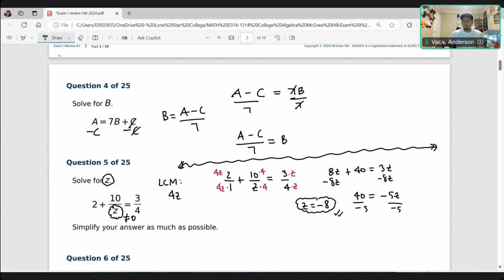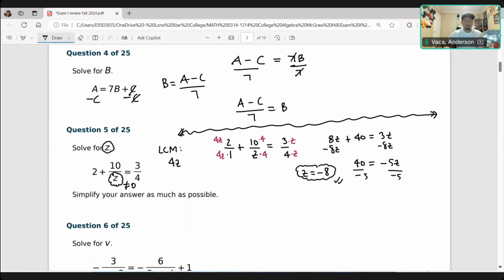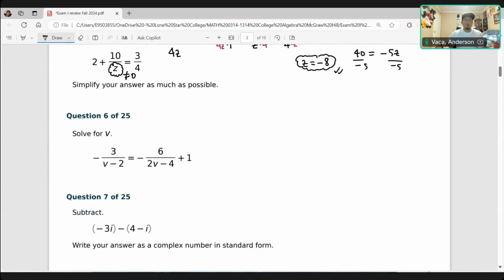Moving on to number 6. More fractions, but that's okay. Now you've seen my technique that I use to make sure that we don't have any fractions as we move forward. So what I'm going to find is the least common multiple. Let's see if I could get away with doing something like this.